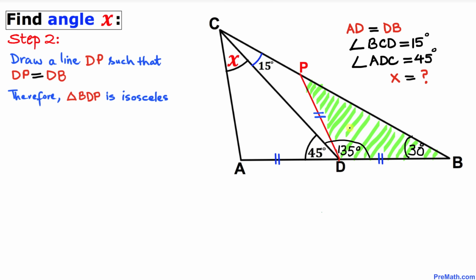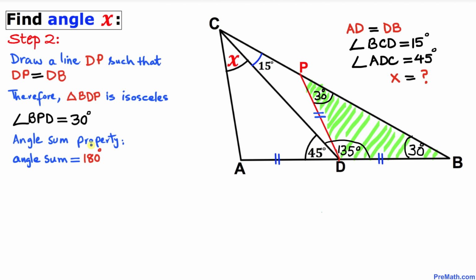So we can see that this triangle BDP is an isosceles triangle since these two sides are equal in length. So therefore if this angle is 30 degrees, this angle has got to be 30 degrees as well. So therefore this angle BPD turns out to be 30 degrees.